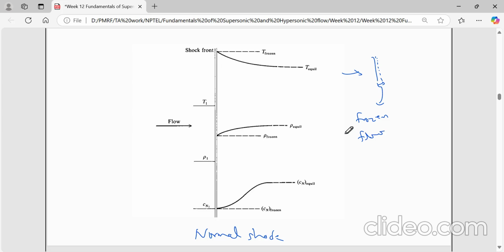And frozen flow behaves like a calorically perfect gas. After that, there will be some small region which will be for non-equilibrium flow. And after that, flow will be in equilibrium.